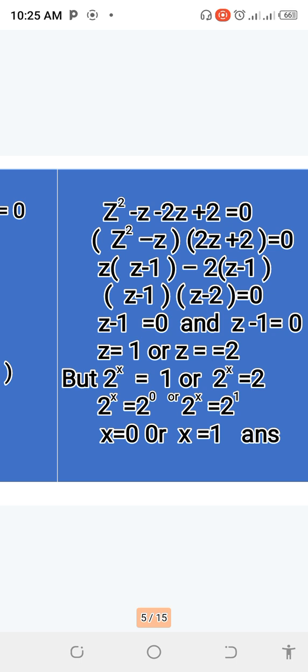We are going to attempt them and ensure that you are put in the proper footing, so that anytime you see any question in any form or shape, in any way it's being discussed, you will be able to solve it with ease.